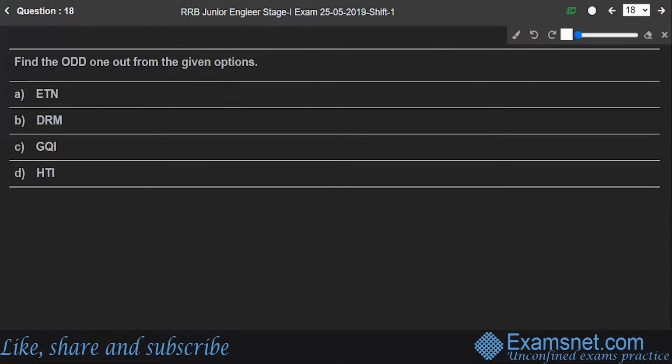Question number 18, you have to find the odd one out from the given options. These are the given options to you. To answer this question, you need to know about the alphabetical place value table. This is a very important table because number of questions from multiple entrance examination papers are asked from here. Let's make that table.